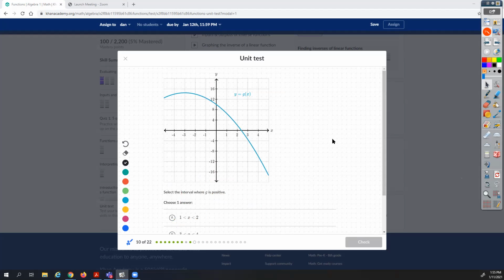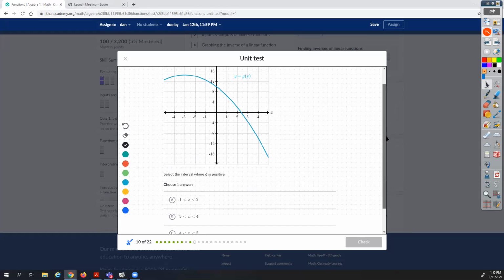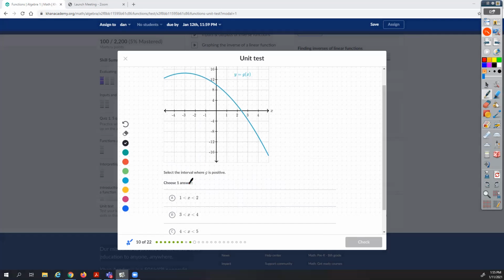Okay, so let's take a look at this one here. It says, select the interval where G is positive. Now, here, they're not saying G of X. Look at the options that are given here. They're looking at the X, right? So it says 1 to 2.